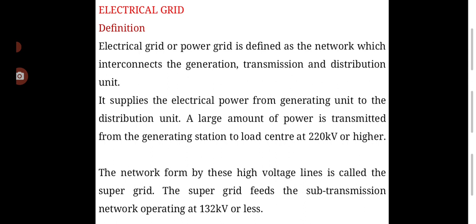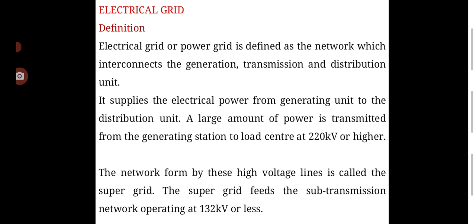The grid or the power grid is defined as a network which interconnects the generation, transmission and distribution units. So the electrical grid is nothing but an interconnection between the generation, transmission and distribution units. And it also supplies the electrical power from the generating unit to the distribution unit, that is the domestic consumers or industrial consumers, with the help of these grids.